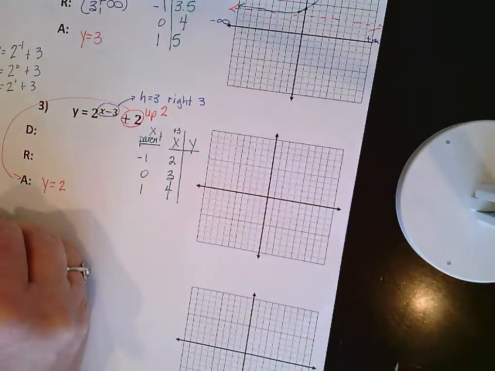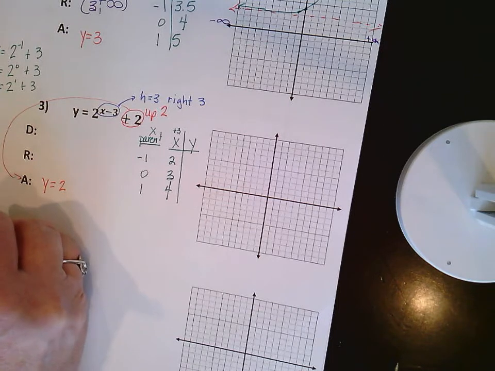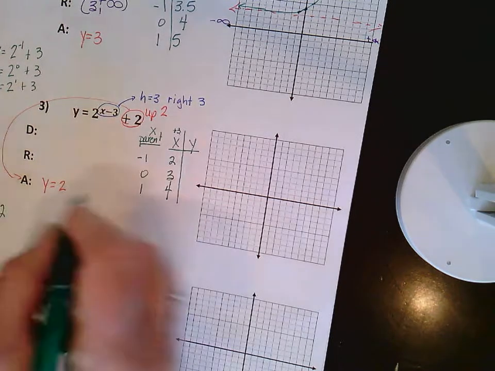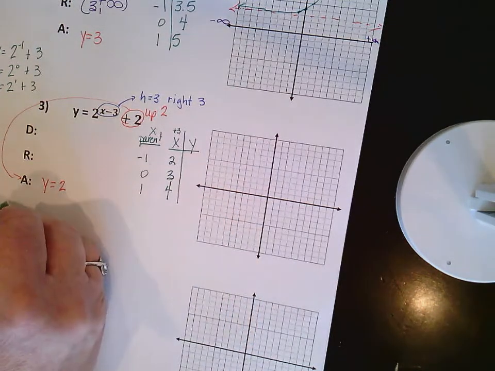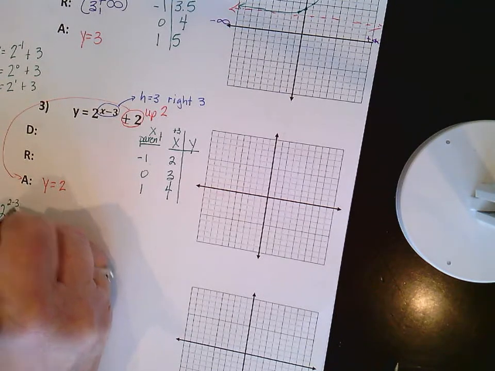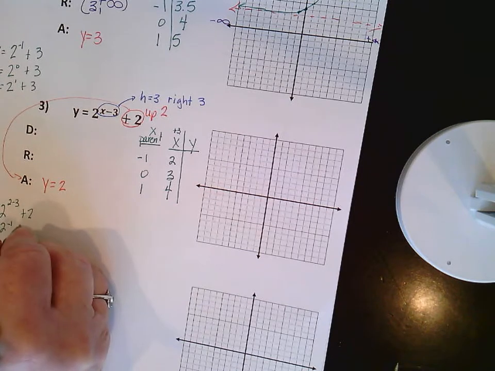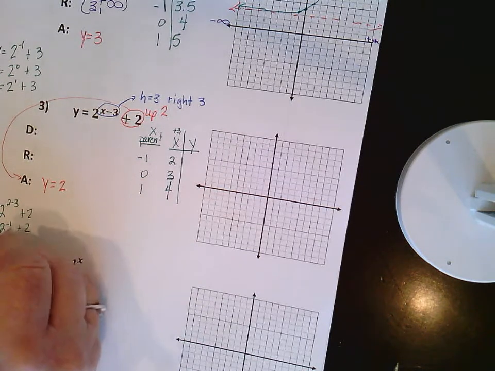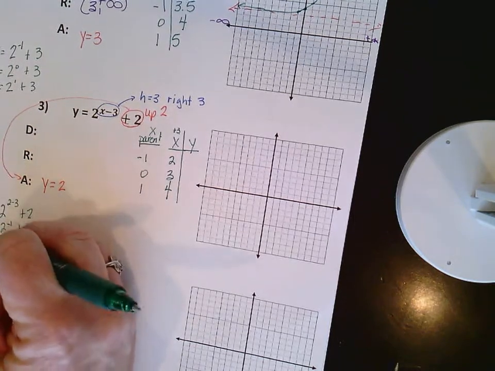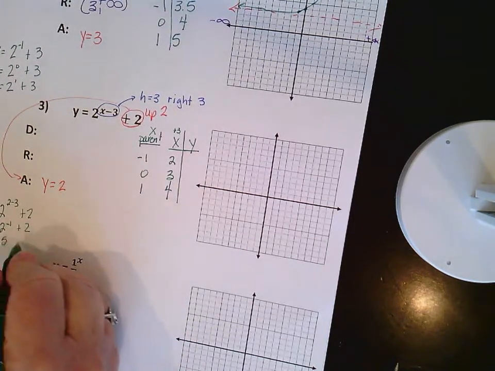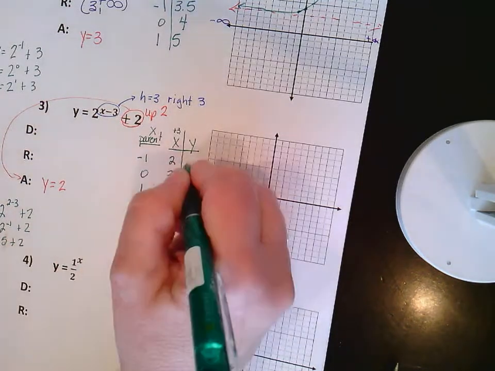So I've got y equals 2 to the 2 minus 3, plus 2, which means I've got 2 to the -1 plus 2. 2 to the -1 is 1/2, or 0.5, plus 2, so this is 2.5.